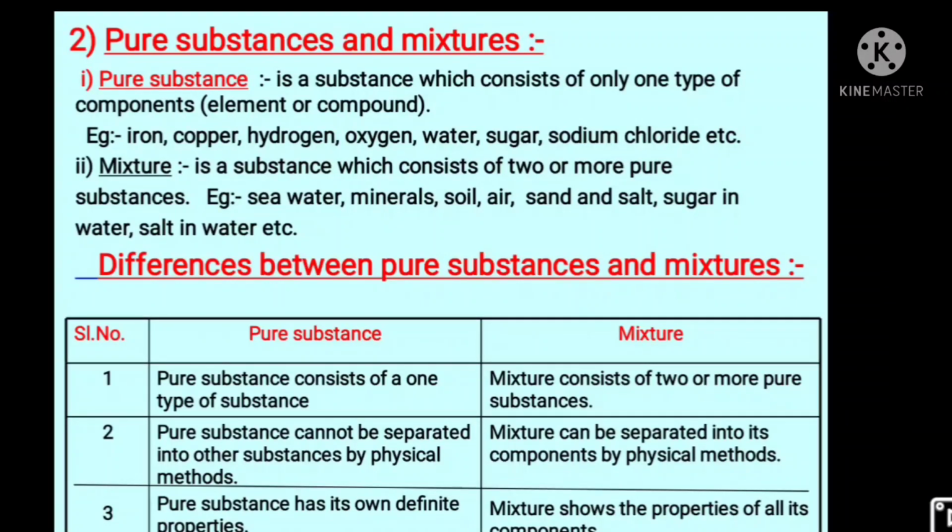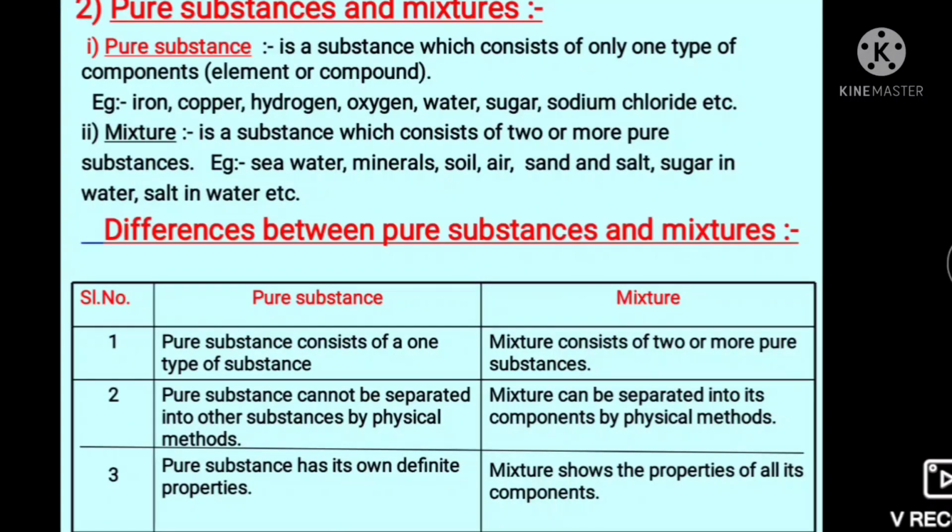Milk. Milk is a mixture. It is a mixture of water, fat, protein, sugar, minerals and vitamins. Other examples are seawater, minerals, soil, sand and water, sugar in water, salt in water, etc. All the solutions are mixtures.